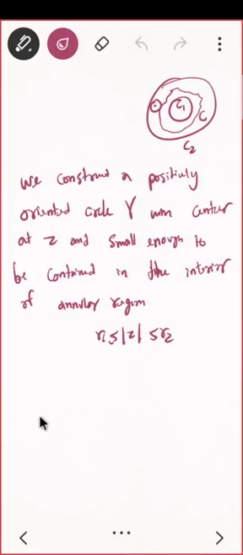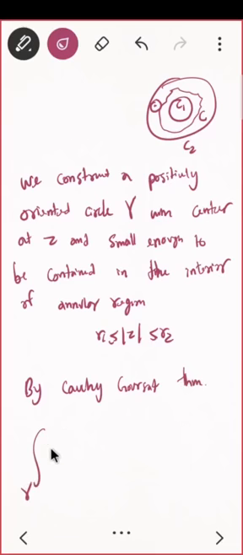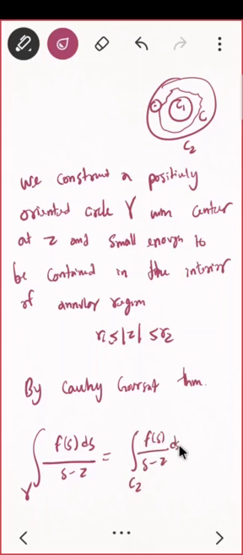Then by the Cauchy-Goursat theorem, can I write this? That is, the integral over gamma of f of s ds upon s minus z will be equal to the integral over C2 of f of s upon s minus z ds minus the integral over C1 of f of s upon s minus z ds.